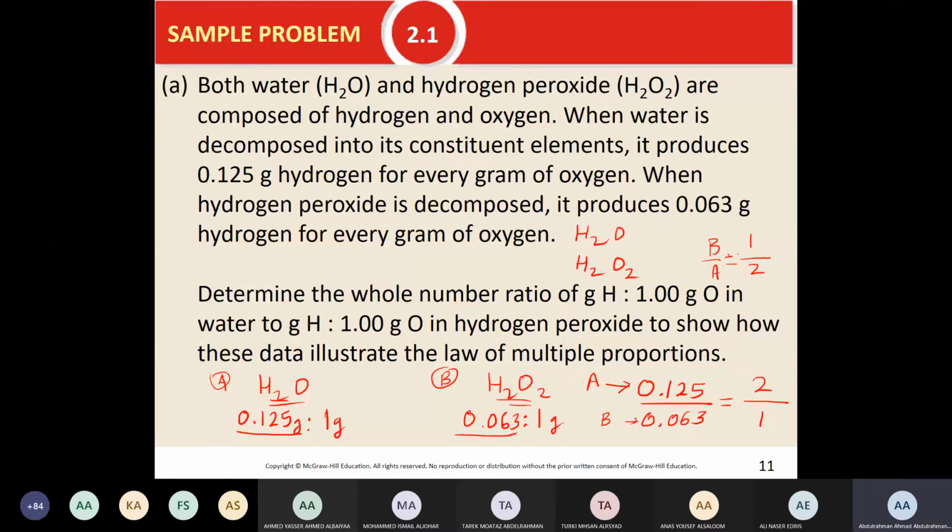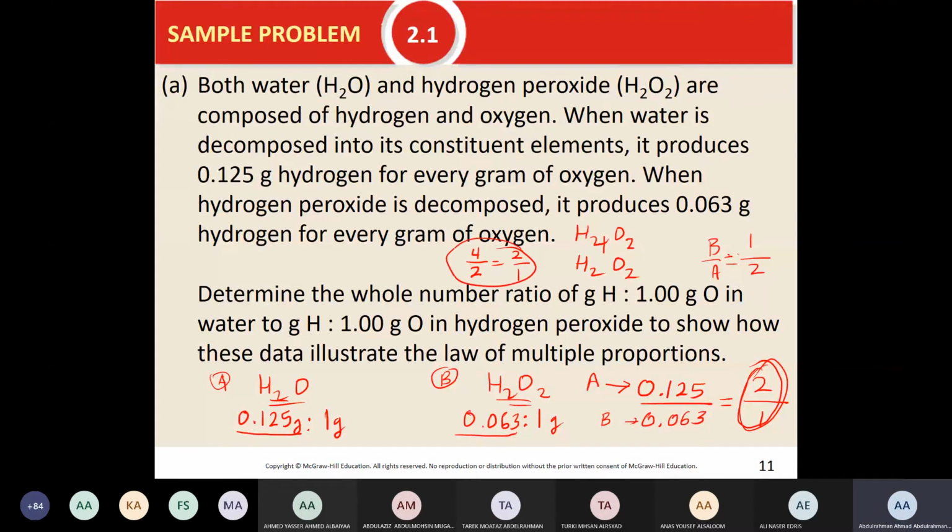Is this clear? Yes. Were you expecting the ratio to be 1 to 2? Yes. How? By multiplying the first one by the water molecule, then 2. What is the ratio in this case? 1 to 2. 4 to 2 or 2 to 1, which you can get from the structure as well.